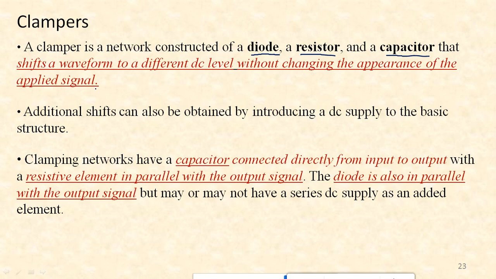There are two to three concepts involved here, so we'll try to understand those concepts. Further, clampers can also perform additional DC shifts by introducing a DC supply to the basic structure. That means clamper circuits may or may not use a DC supply, just as in the case of clippers.